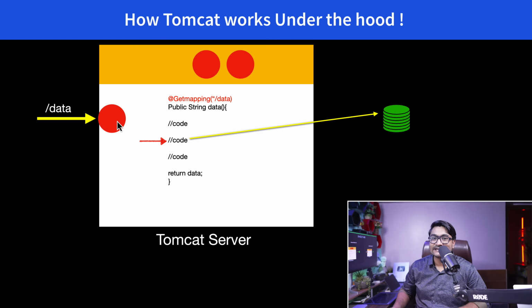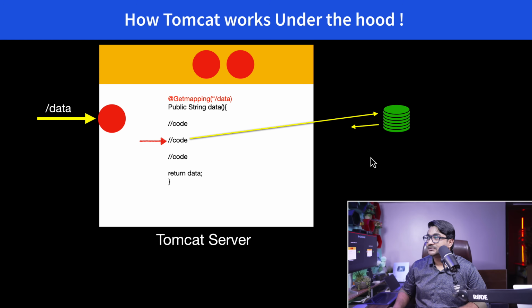The thread is sitting idle because the thread's responsibility is to process the entire code and then send the response back to the user. So as long as the execution is going on, this thread is going to be blocked. And that's a very serious concern. Why? You're going to understand it in a minute. But right now, let's say this DB is not responding to us.